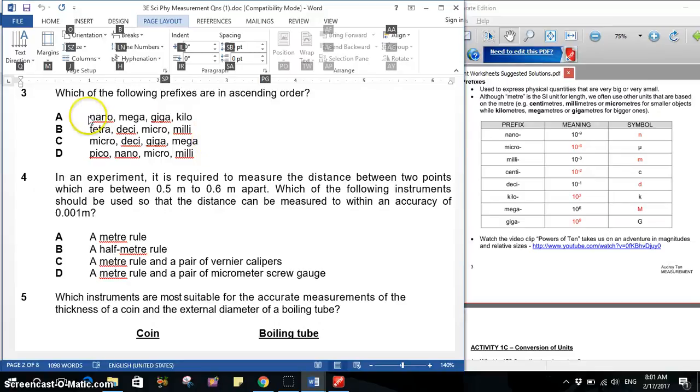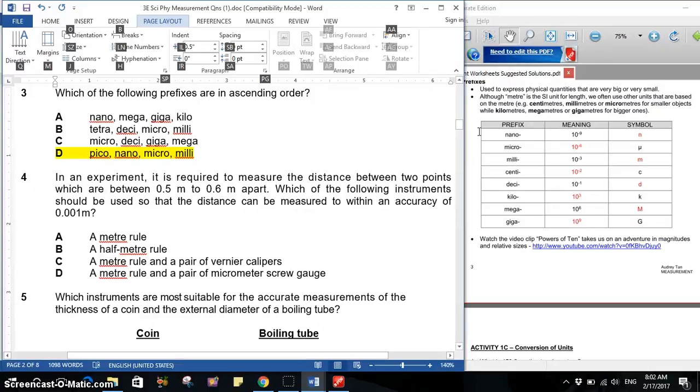Next up, they ask you one precaution you can take to minimize parallax error. It means basically when you are reading your vernier calipers, what should you do? So you need to place your eyes vertically above the marking to be read. Please don't put down things such as 90 degrees to the reading.